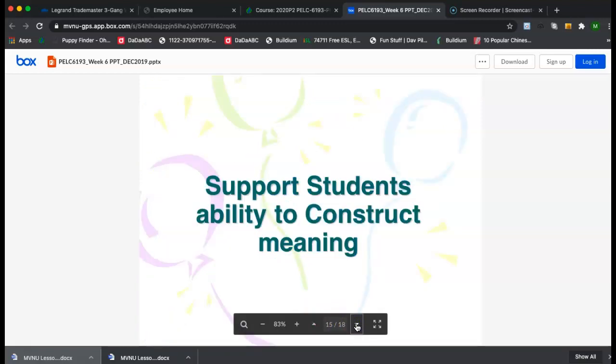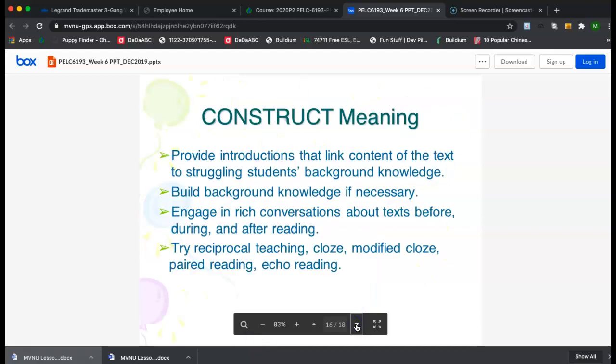Support students' ability to construct meaning. Construct meaning. How do we do that? Well, we're going to provide introductions that link the content of the text to the struggling student's background knowledge. If they don't have any background knowledge, then you're going to have to build that knowledge for them.